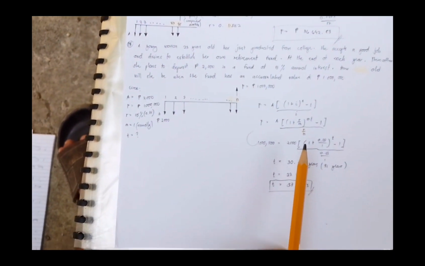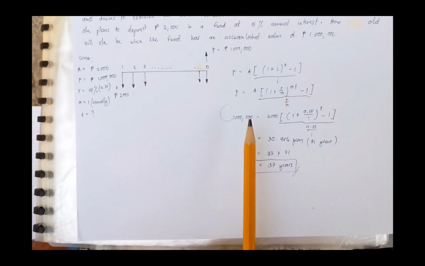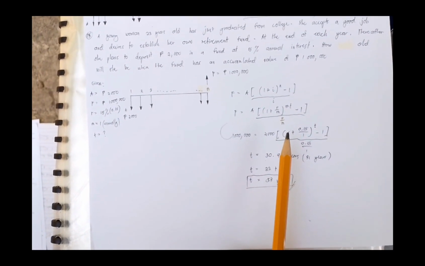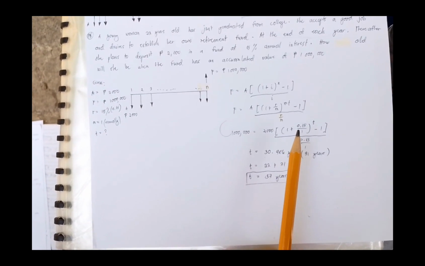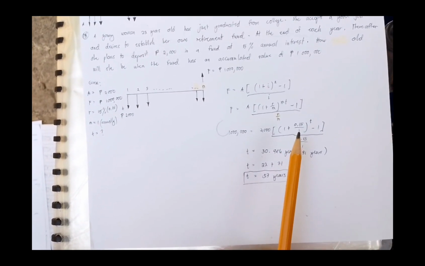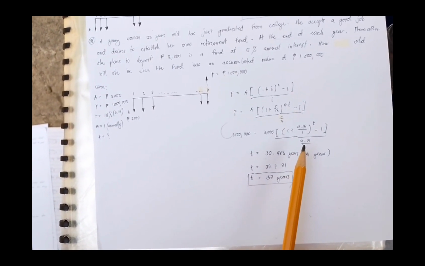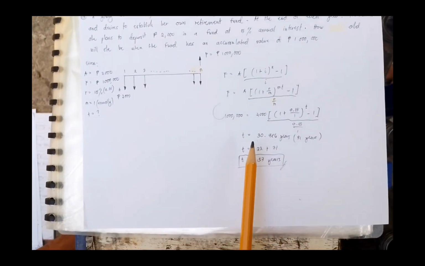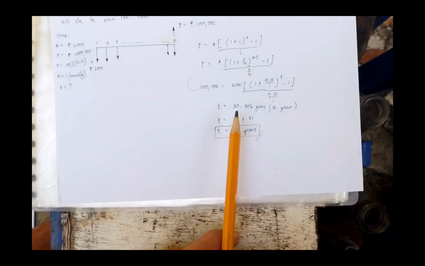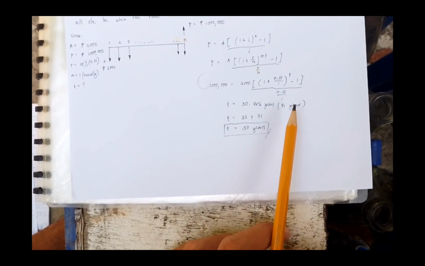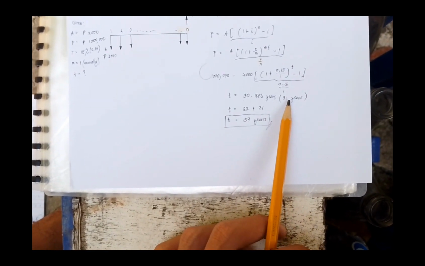Then simply substitute. 1 million is equal to 2,000 times the quantity of 1 plus 0.15 all over 1, raised to t, then minus 1, all over 0.15 over 1. We could get 30.986 years, then rounded, that would equal 31 years.